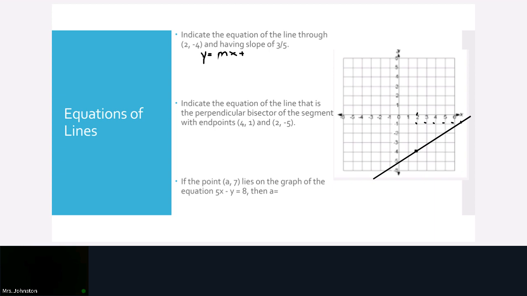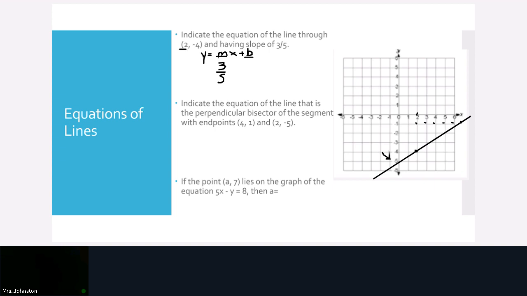The x and y are the values of any point on the line, the m is the slope, and the b is the y-intercept. I know the slope is 3/5, so I can automatically put that in, but I don't know the y-intercept. I would like to say it's going to be close to -5. However, it's not quite -5. So let's see if we can figure it out another way.